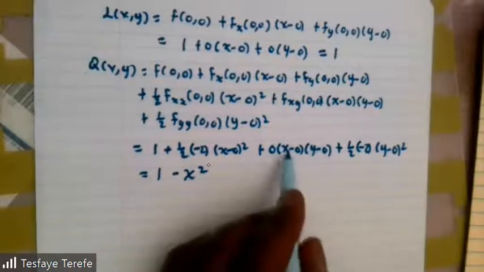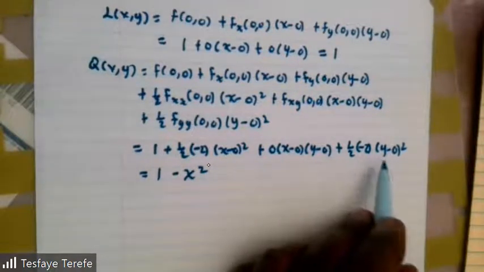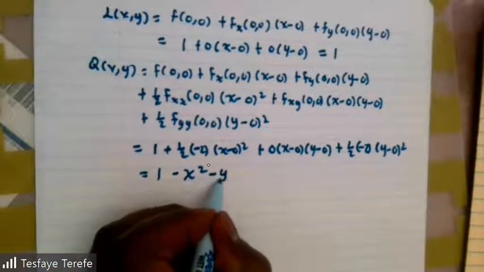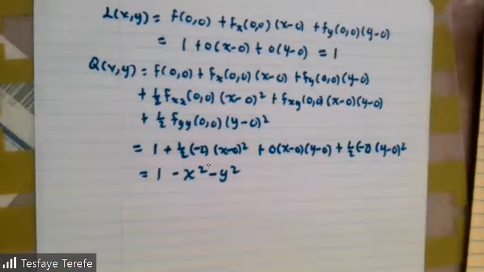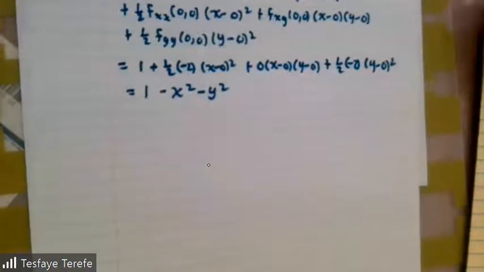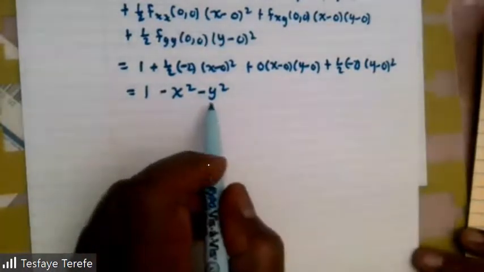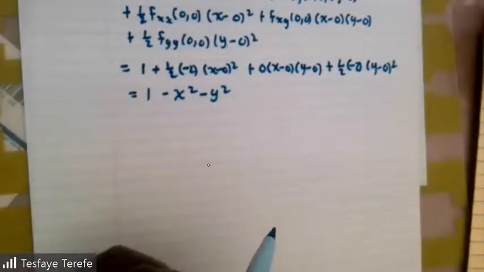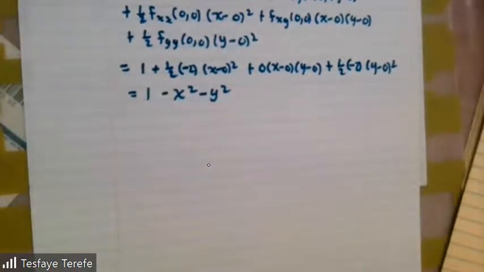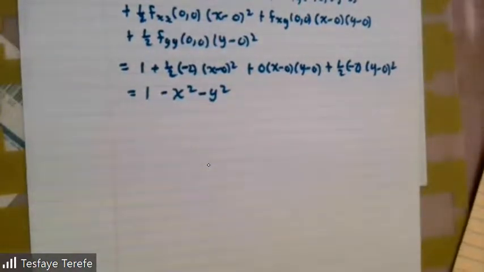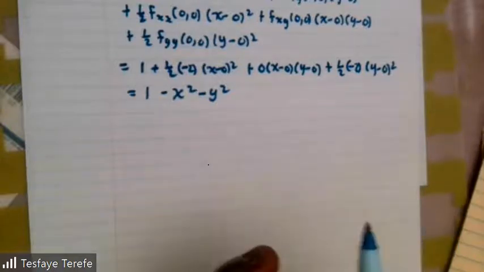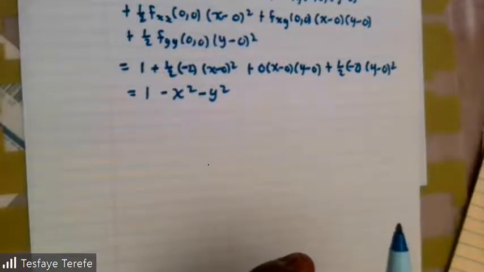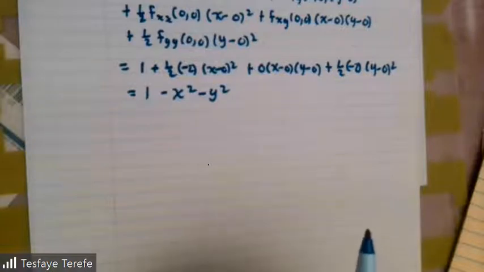And this, the whole thing is 0, and this is by the same argument, negative y squared. So the quadratic approximation is this. So this one is by far a better approximation than the linear one, and this is what you need to do. Okay, I'll give you one very simple example, and then we will call it off.